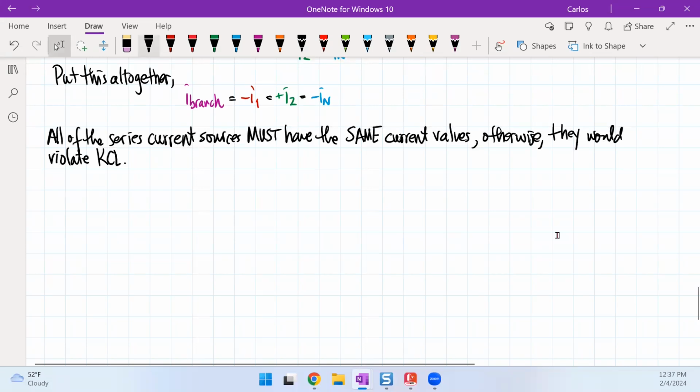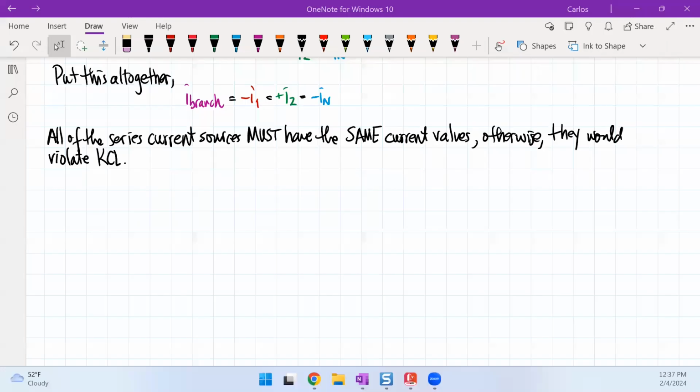Again, what does this all mean? What I mean by that is, what if the current sources did not have the same value?